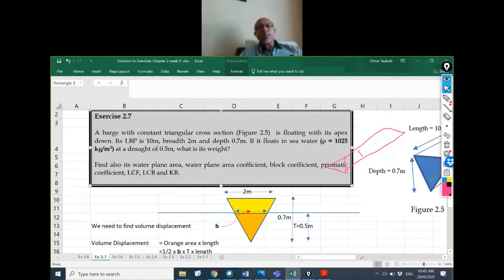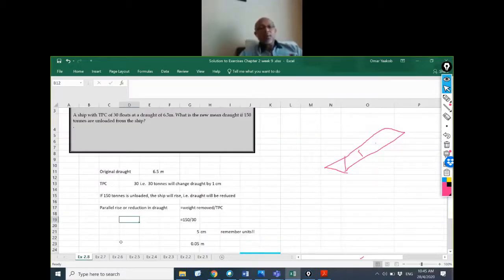So LCF at midship, LCB at midship. KB you need to calculate here. It will be 2/3 from the bottom. So that's KB at that point. And finally, 2.8, I have explained just now when we were looking at the notes.